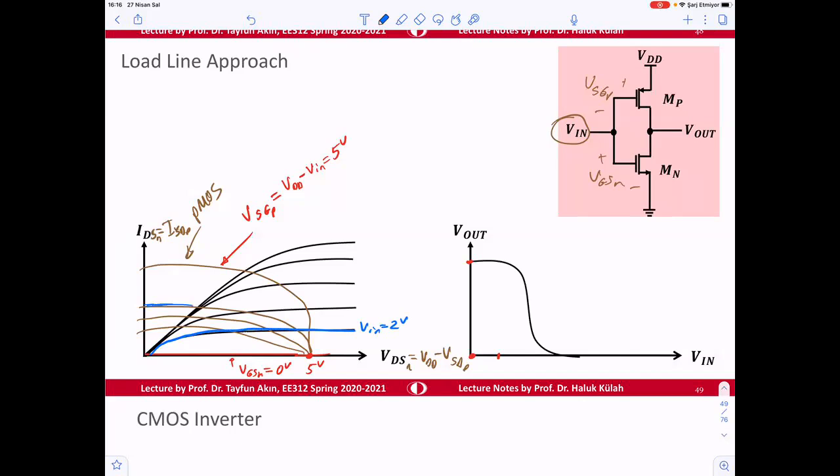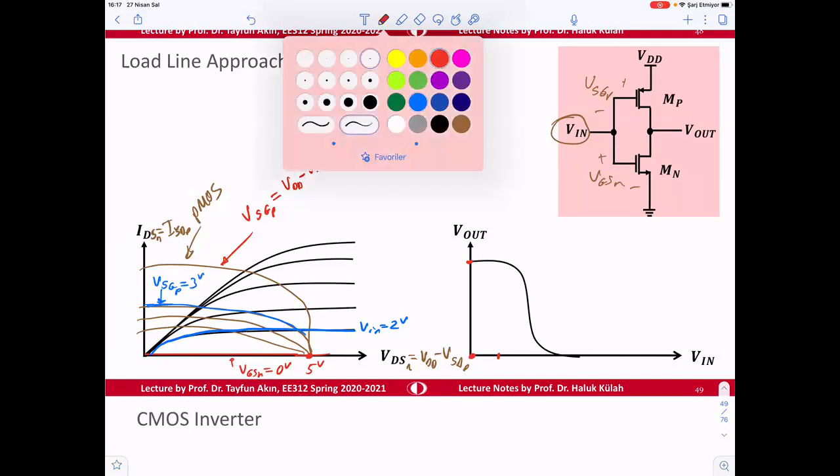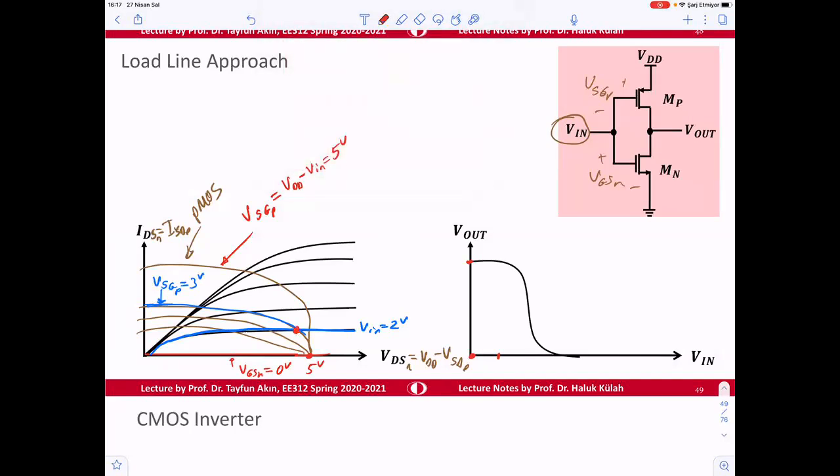Input is equal to 2, so the source to gate of P equal to 3 volts should be used. Therefore the corresponding solution point is going to be this point. So this is how it goes, and can be calculated.